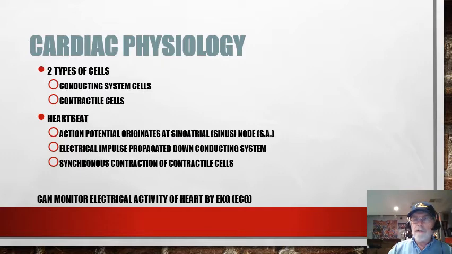They cause the contraction under the influence of the conducting cells. They're very similar to skeletal muscle because they're striated, but one difference is that they have multiple branches. Therefore, cardiac muscle can interact with a number of different cardiac muscle cells, which helps to propagate the electrical current and the contraction throughout the heart.